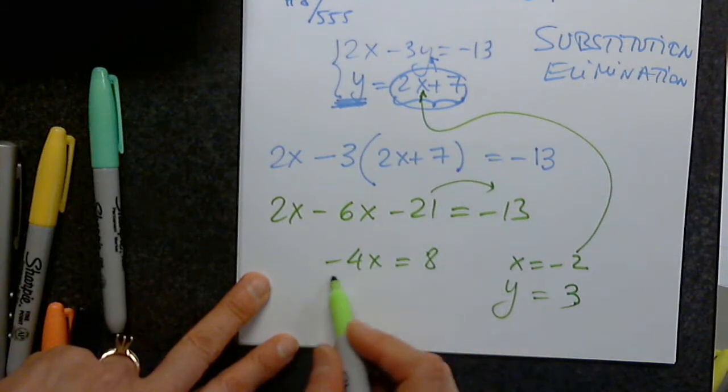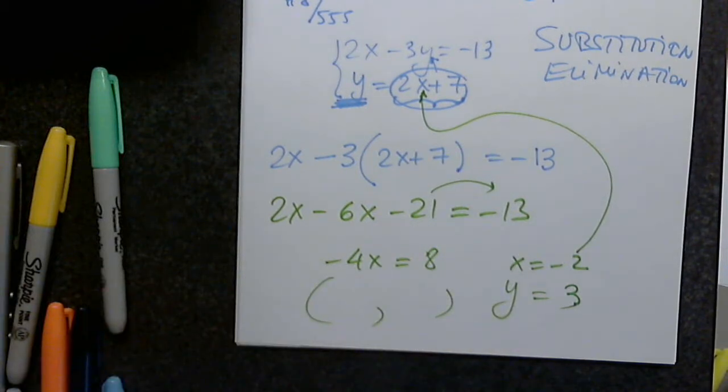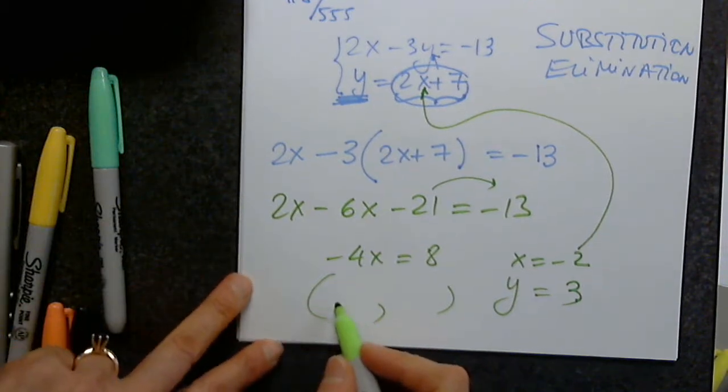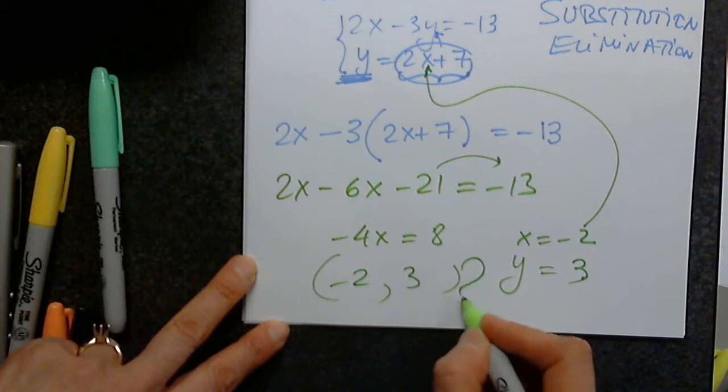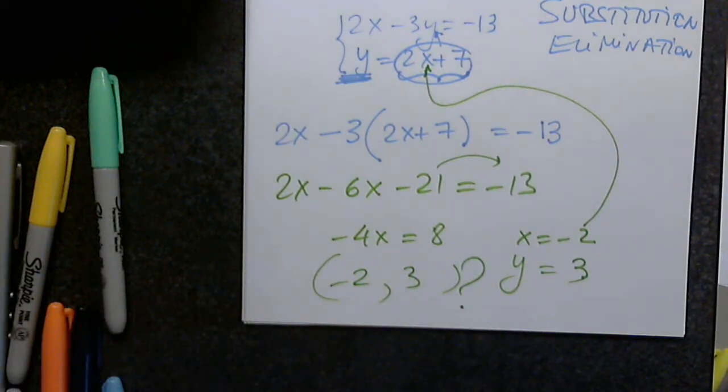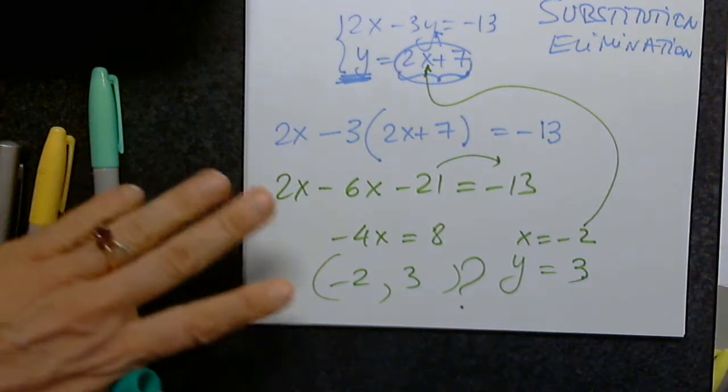Good. So then it appears that the solution is negative 2, 3. I have no idea if that's true. I will have to go back and check.